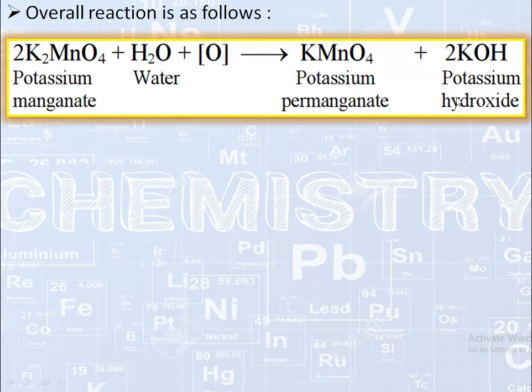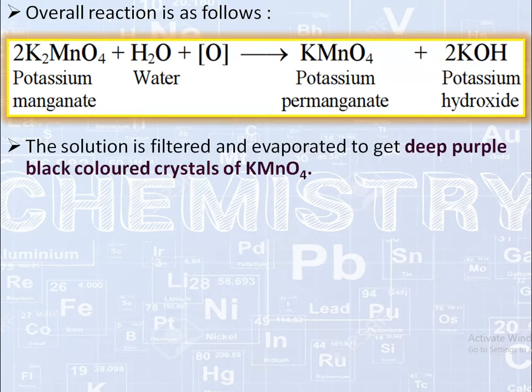So this is the final reaction of electrolytic oxidation. The solution we get after the reaction, we filter it and evaporate to get deep purple black colored crystals of potassium permanganate.